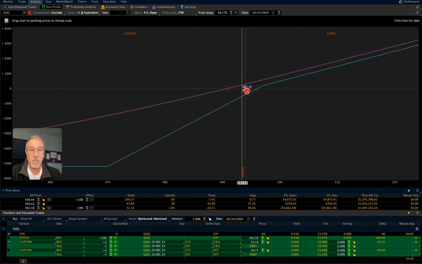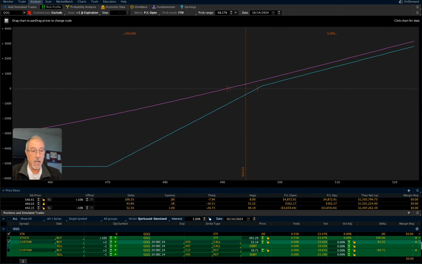The nice thing about this is it has the same risk profile to the upside. Basically, as the market goes up, this benefits just like long stock would benefit, but my downside is capped by the amount that I pay to get into this trade. So my risk here is essentially a maximum of $5,000.